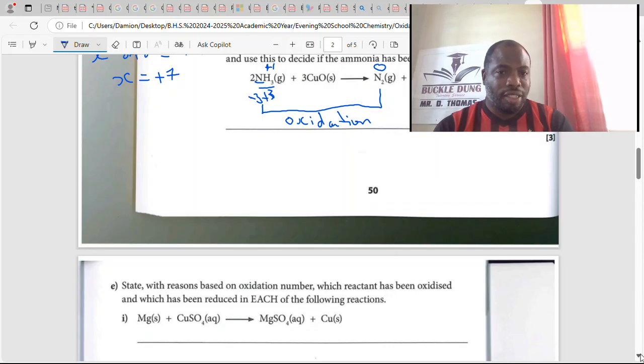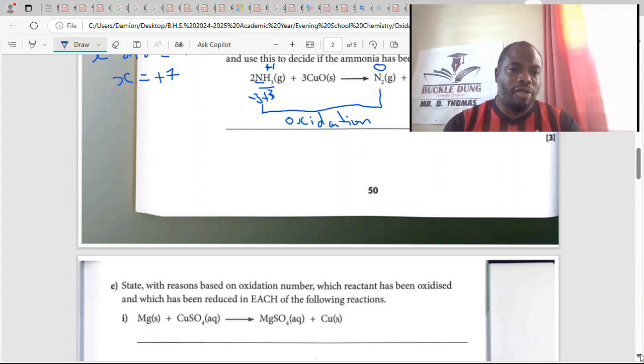One prerequisite is for you to be able to write half equations for electrolysis. You should be able to identify oxidation and reduction. That's why I'm doing the topics in this order. You need to know oxidation and reduction for electrochemistry.